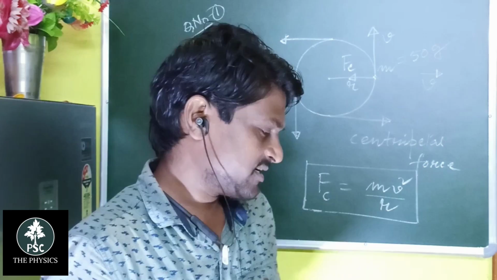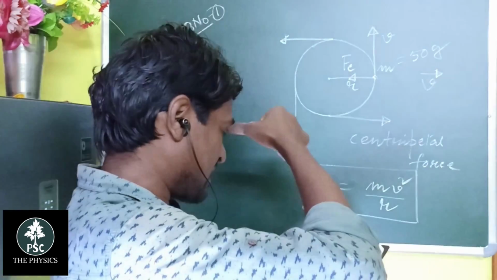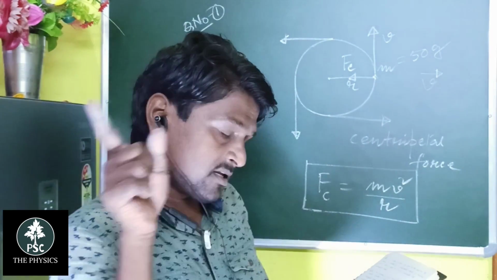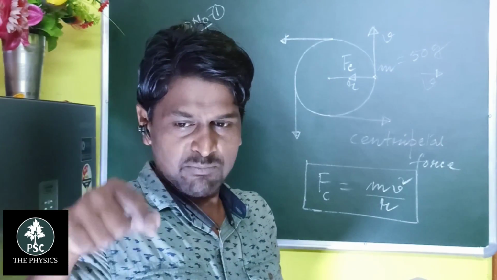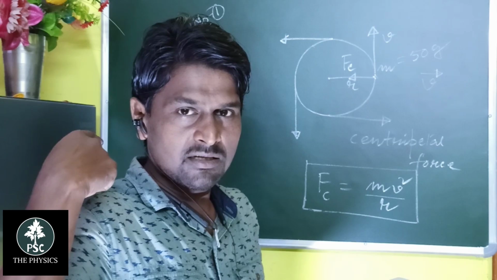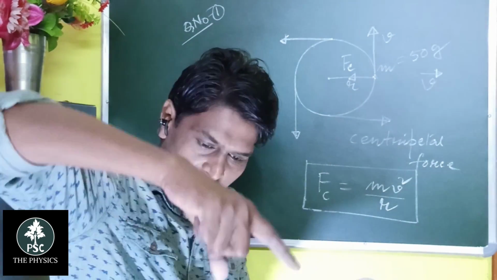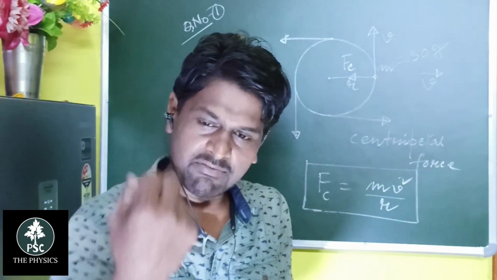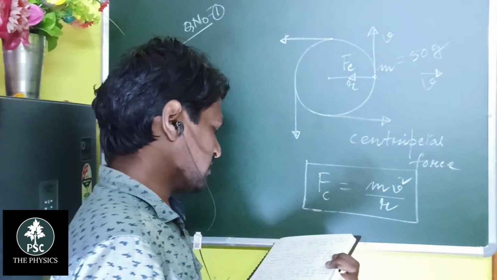The mass is 50 gram, and the end of the string is rotated in a horizontal circle. Why not vertical? Because if you rotate it vertically, mg acts at every point and can influence your rotation. In a horizontal rotation, the gravitational pull is the same at every point, so you can neglect it.